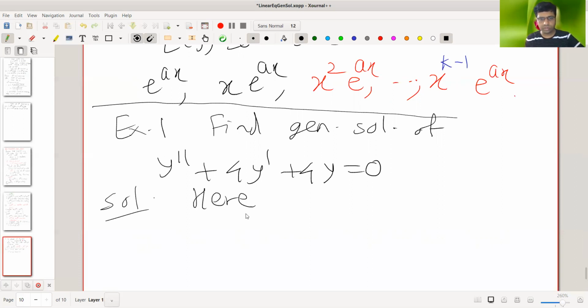Here L of y is y double dash plus 4y dash plus 4y.